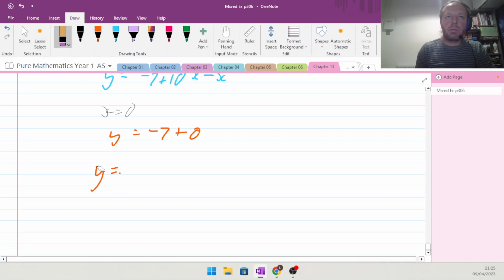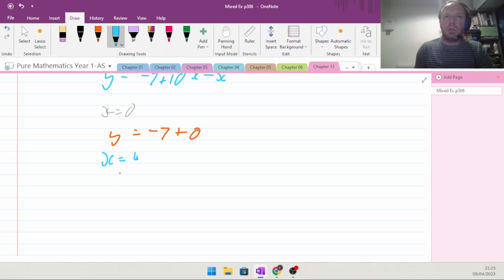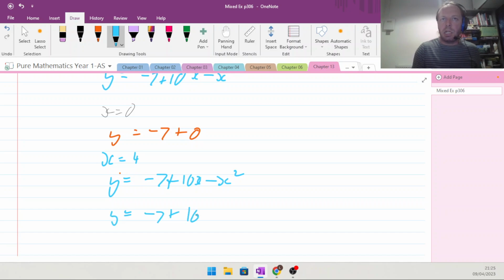x equals 4, y will equal minus 7 plus 10x minus x squared. So y is equal to minus 7 plus 10 times 4 minus 4 squared.